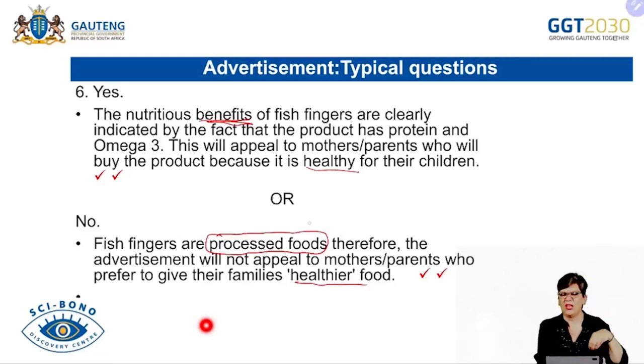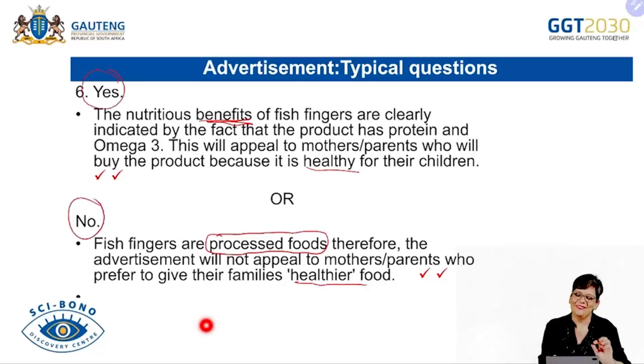They said omega-3, it's good for your mind, brain power. But on the other hand, fish fingers are part of processed food. Remember, they catch the fish and they process it into a fish finger. And therefore, it might not be as healthy as it seems. Well, whichever way, remember the rules: either yes or no, and a very good reason referring back to your text.